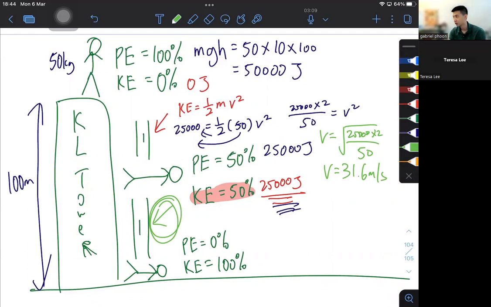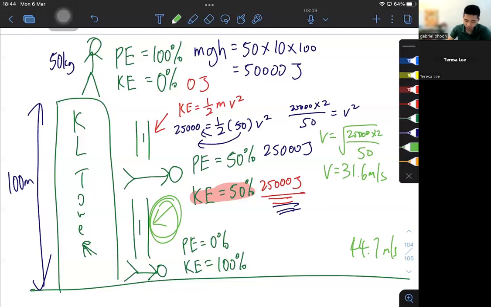Very good. You're supposed to get 44.7. Try and see if you can get this number. If you cannot, let me know. And when you can, let me know also. Okay, you got it? 44.7?